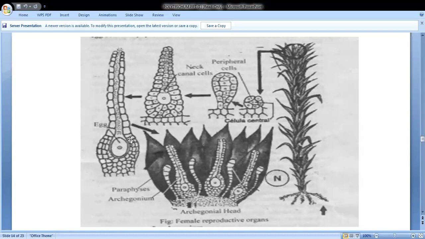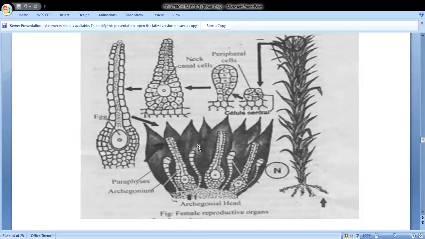The lid cells separate, and a mucilaginous chemical substance is released, and this mucilaginous substance attracts the anthrozoids. When the anthrozoid or male gamete enters the archegonium, it fuses with the egg cell and forms the zygote. This type of fertilization is called chemotactic fertilization. So this is about the archegonia and fertilization.